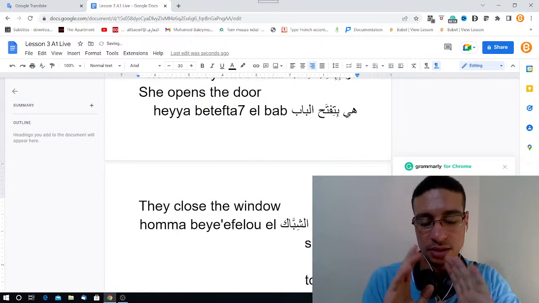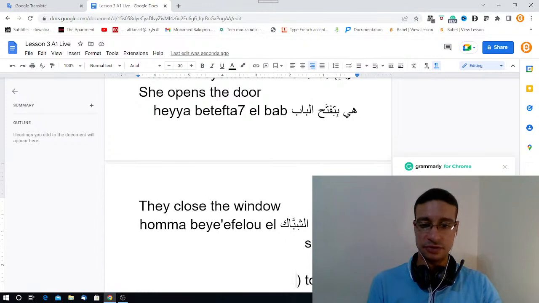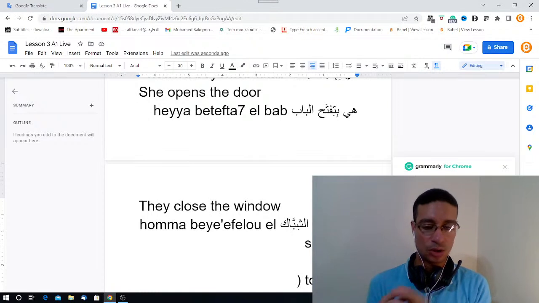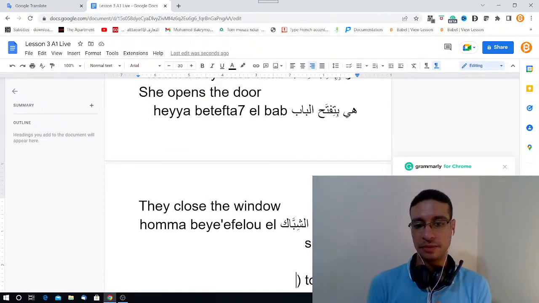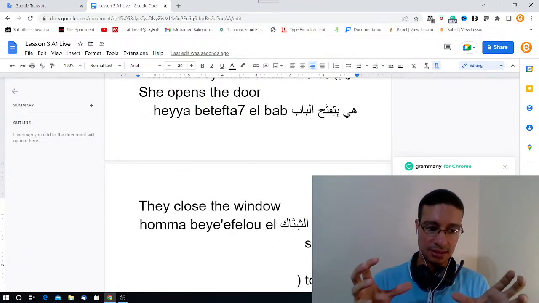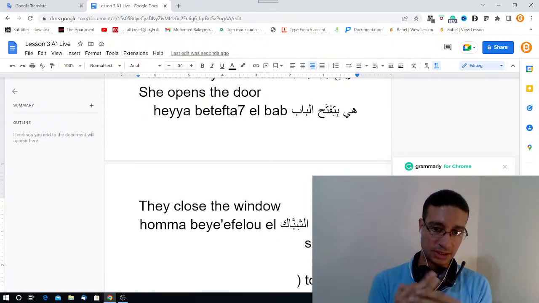In the past tense, as we said in our last class, I will always be putting the verbs conjugated with he, with هو: هو عمل, هو كتب, هو فتح, هو قفل, هو راح. Why? Because this is the most simple, and this is the root of the verb when it's a three-letter verb.